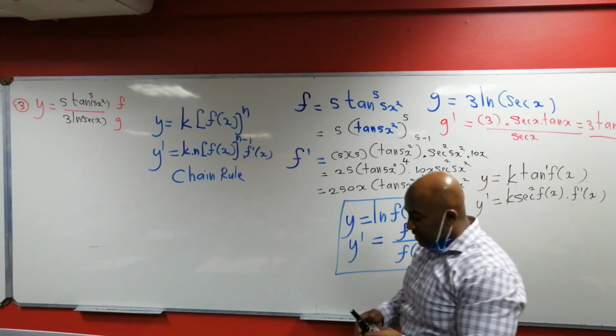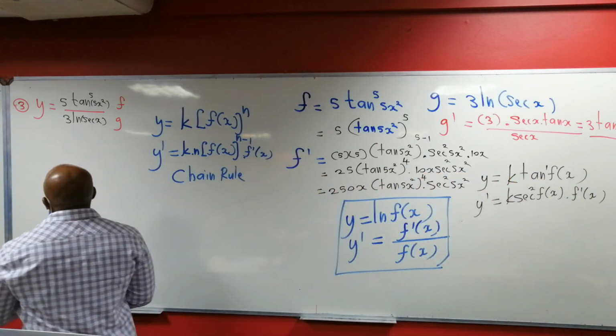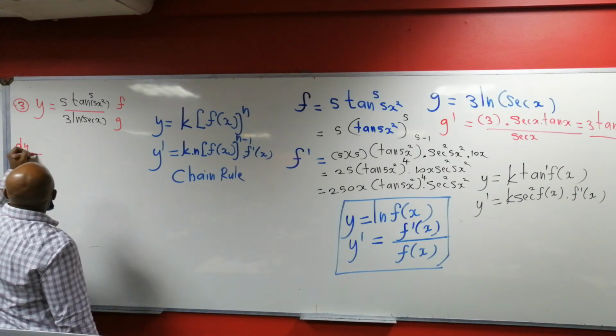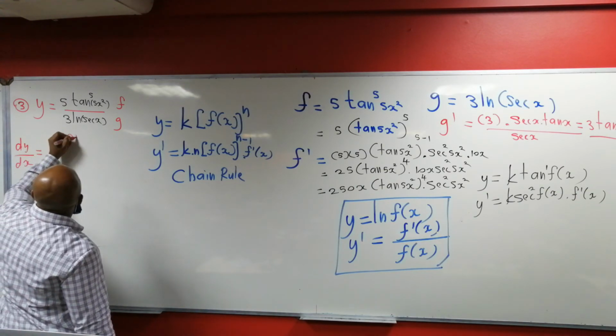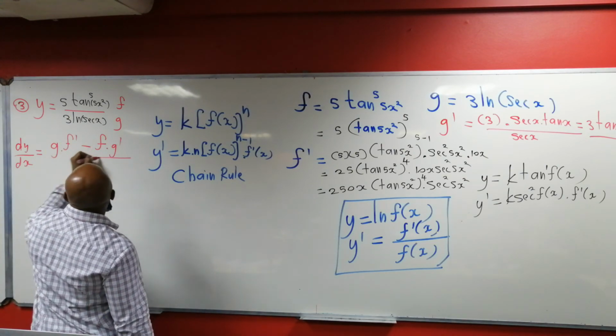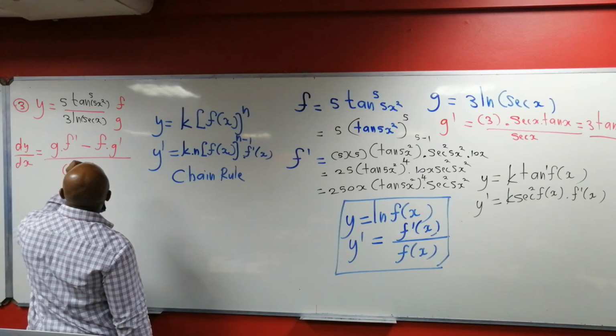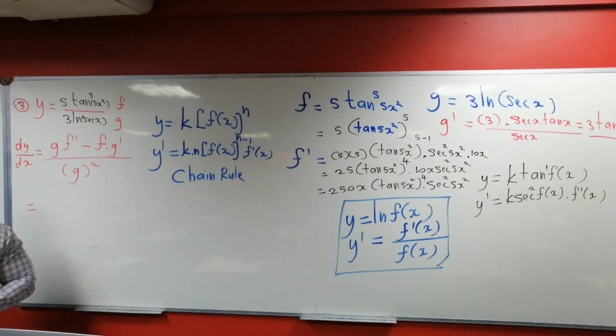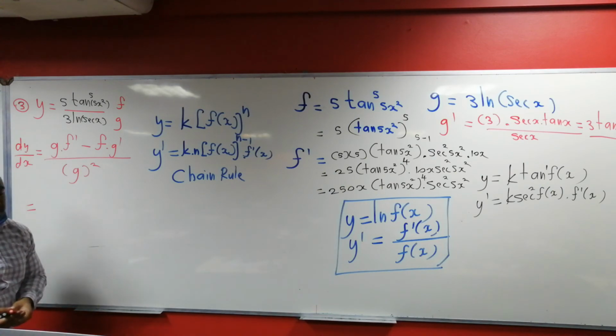Now all we have to do is write down the formula, the quotient rule. So dy over dx is going to equal g f prime minus f g prime, all divided by g squared. I'm just going to substitute now. What is my g?